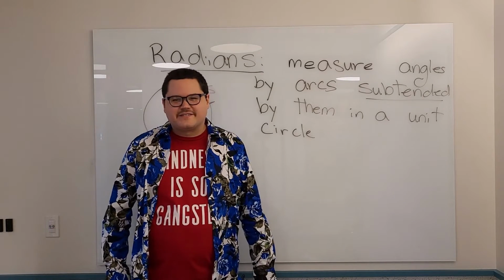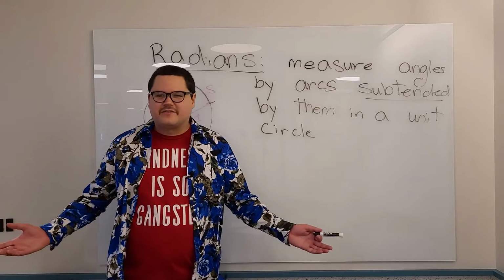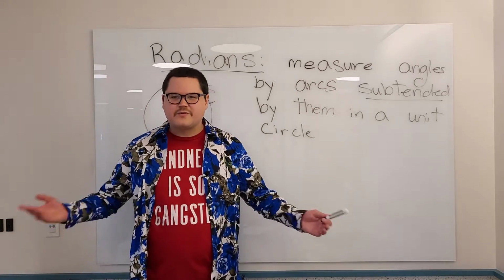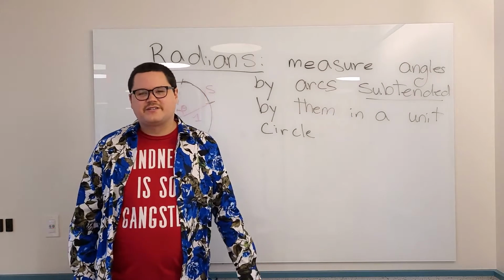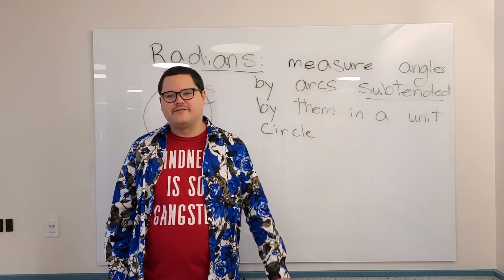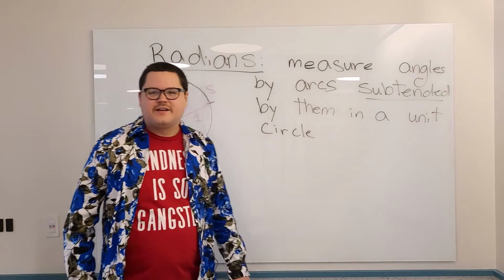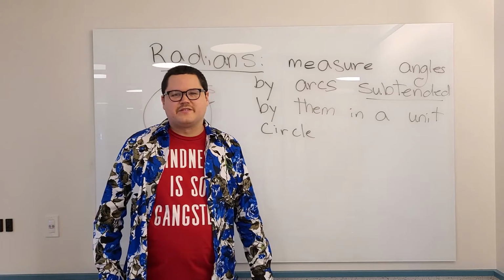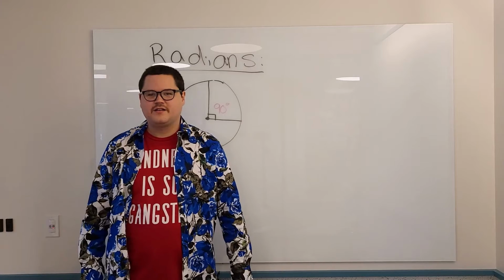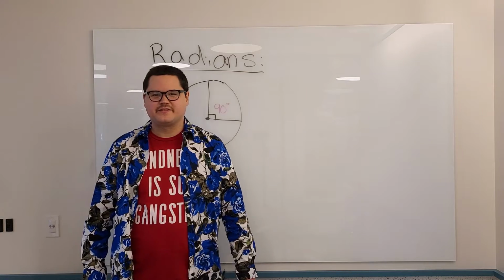And the answer is, there is no real satisfying answer. It's arbitrary. Human beings chose that value to be convenient for them. Radians, this is how the universe measures angles. Let's proceed to some examples.